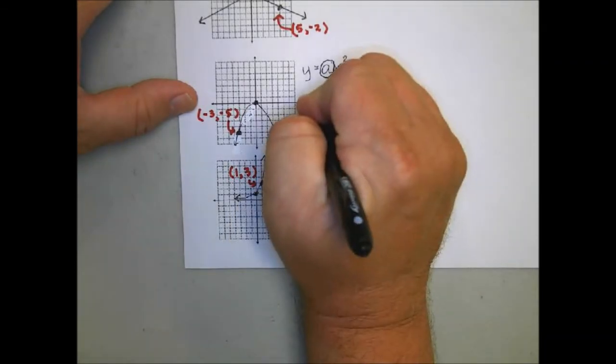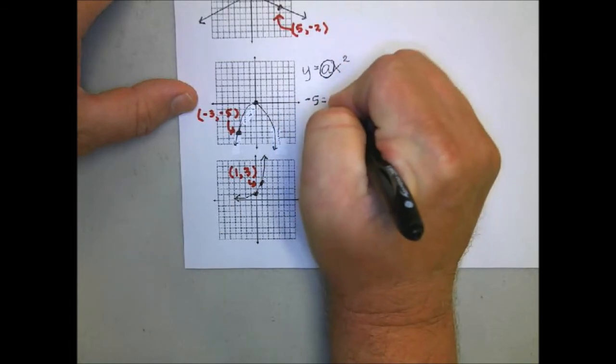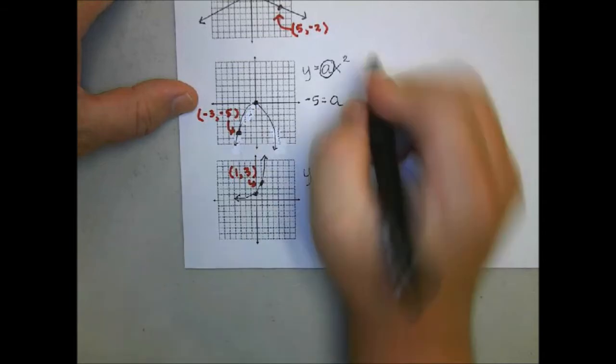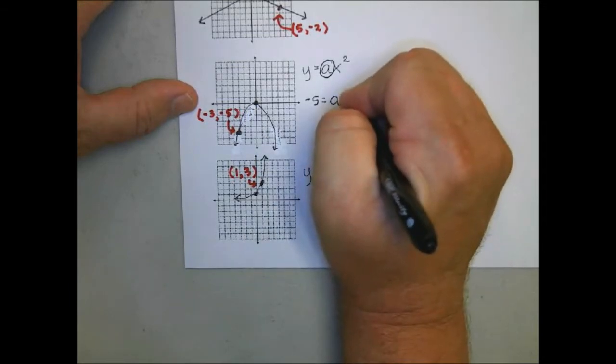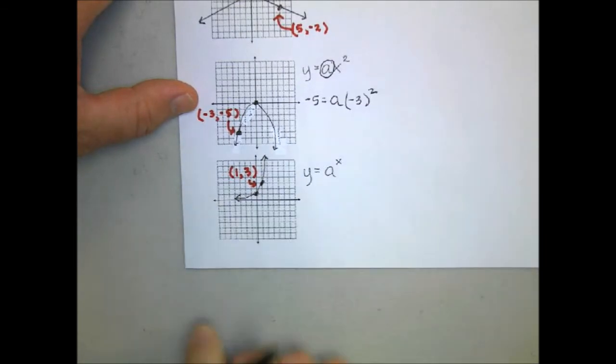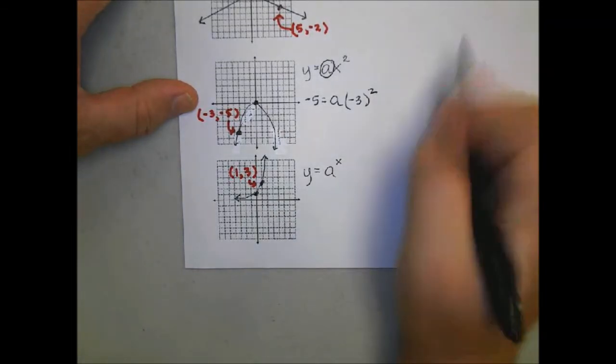When the y value is negative 5 equals a, the x value is negative 3. So you can do it like this, negative 3 squared. Just plug in x and plug in y where they belong in the equation.